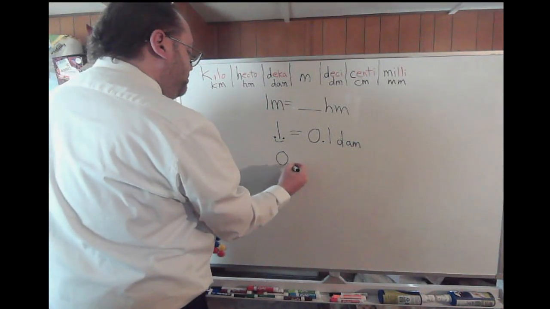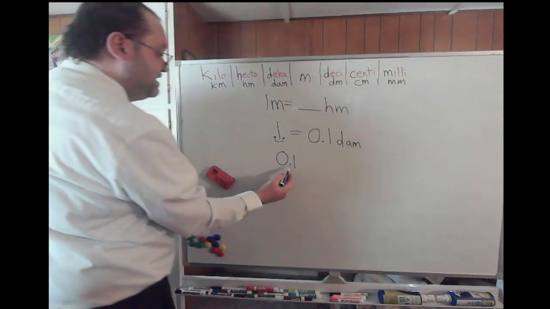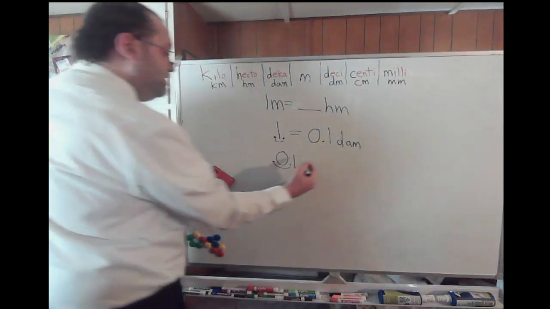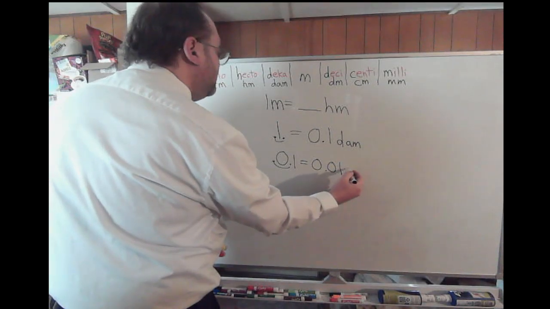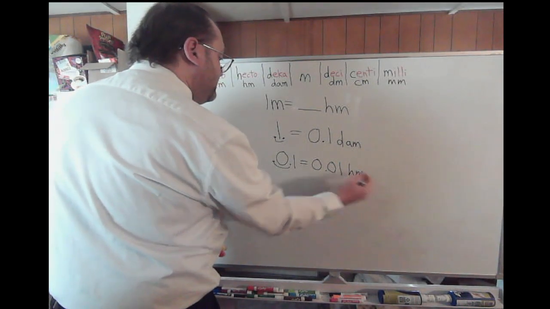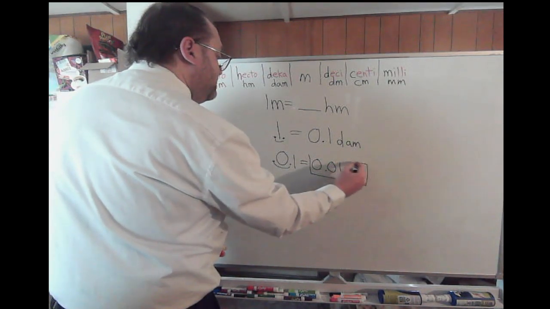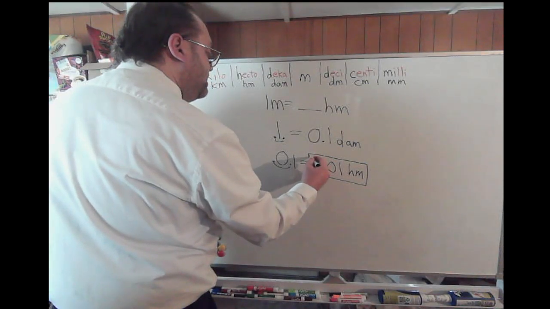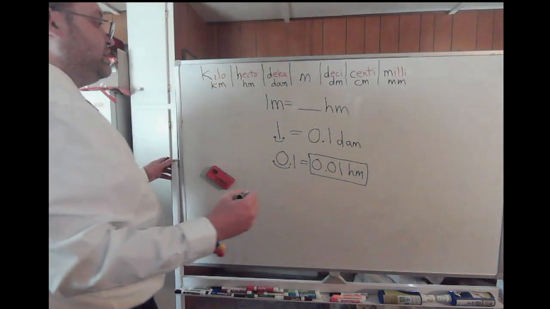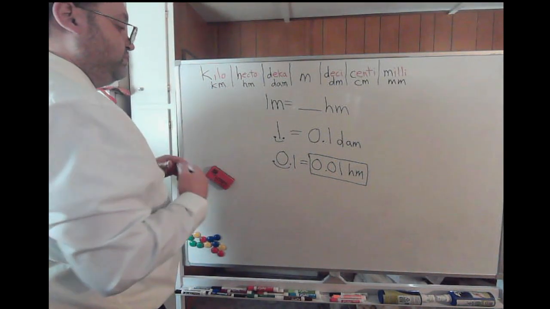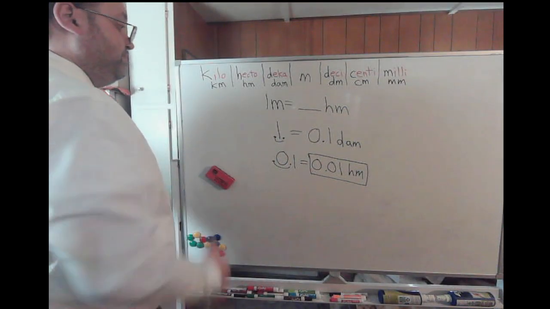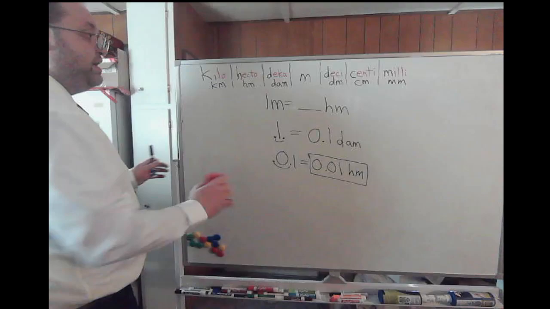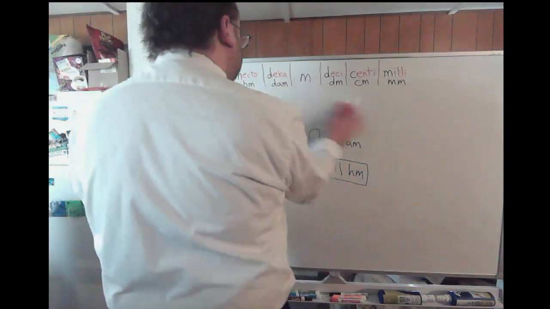So take your 0.1, move the decimal place 1 more to the left, and you'll get 0.01 hectometers. So 1 meter is equal to 1/100th of a hectometer. So you start to see how that works with the decimal places.